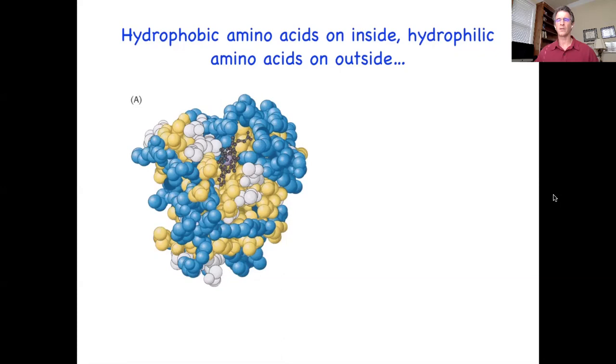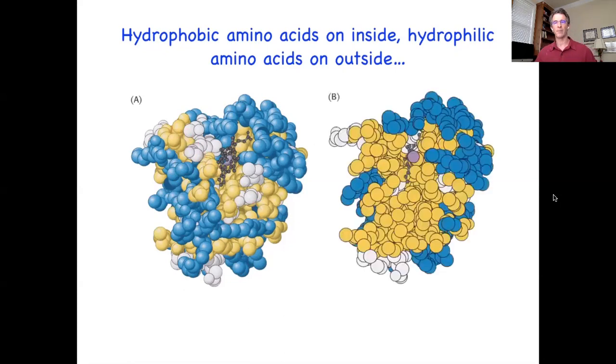The basic rule of thumb that you hopefully remember is that the exterior of globular proteins, shown here mostly in blue and this neutral gray color, are the polar and the charged amino acids. They're pretty much mostly what's on the surface. These more yellow colored ones have a little bit of surface exposure, but when you slice down into the protein, it becomes much more obvious. These yellow amino acids are the hydrophobic amino acids, and they pretty much fill up the core of the protein.